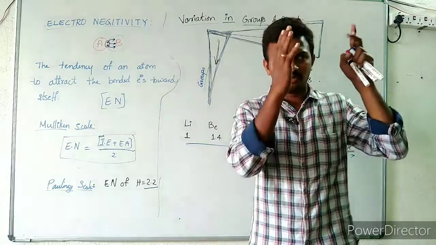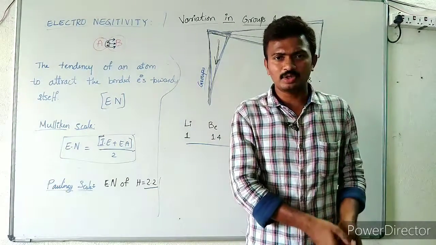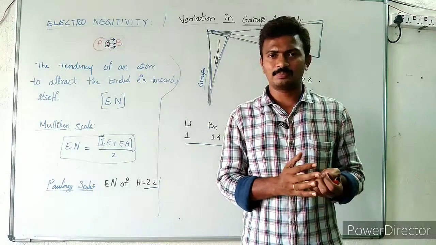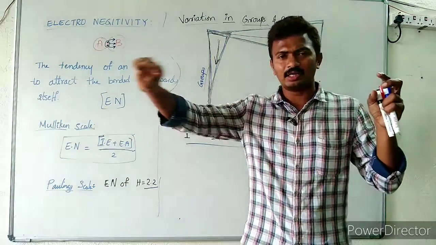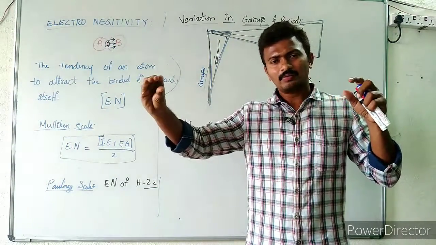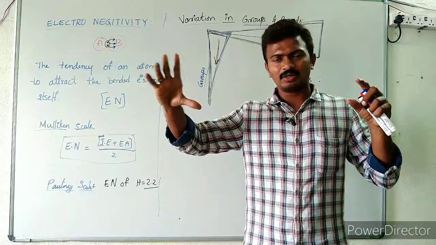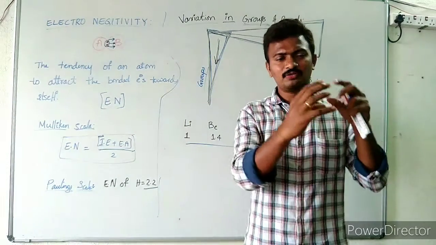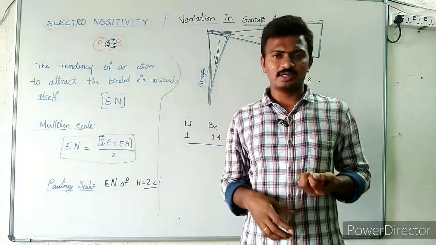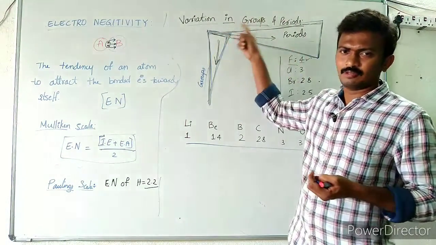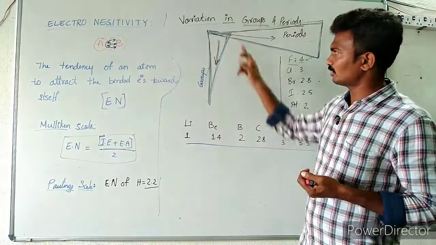In the case of groups, from top to bottom, the effective nuclear attraction decreases due to the increased atomic radius. In the case of periods, the nuclear charge increases because the electron is being added to the same shell. That is a major factor which varies the electronegativity in groups and periods.